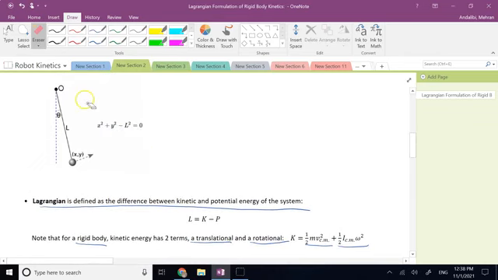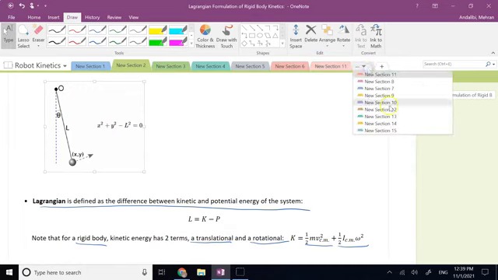Like the pendulum again, but this time instead of me choosing theta, I choose x and y, which definitely has a redundancy because I only have 1 degree of freedom, so I really need only one of them. There is a constraint between x and y, which is the constant length of the rope. And the question is, if I have this, can I still get my governing equation of motion using this Lagrangian method? And the answer is yes.